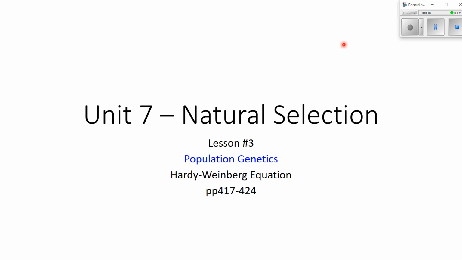Just a quick introduction. Population genetics is a field of study which seeks to better understand exactly how natural selection brings about evolutionary change, and also seeks to better understand other factors besides natural selection which may contribute to evolutionary change within a population.